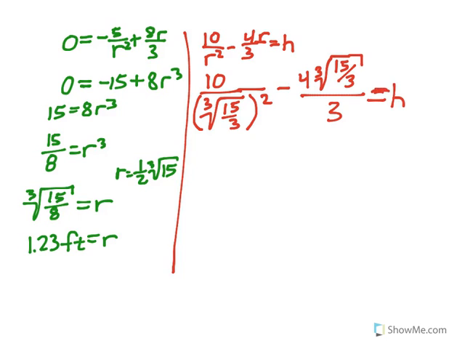And granted, this is a bit of an ugly equation, but it's all numbers. So one option is to just throw it all into your calculator. The other option is to actually try to work this out analytically a little bit. Wait a minute, it's not 15 thirds, it's 15 eighths. So I need to change that to an 8 and that to an 8 as well.